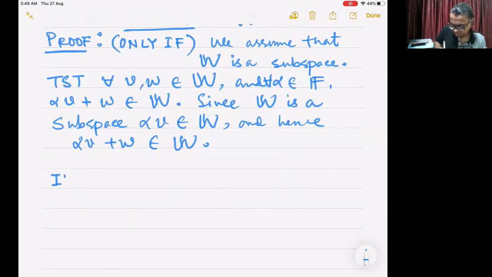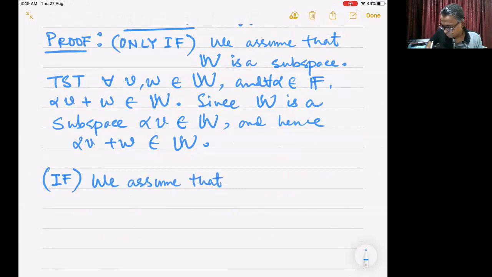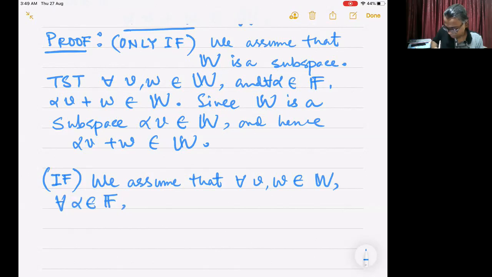The if part is more interesting. For the if part, we have to assume that for all V, W in W, and for all alpha in F, we have alpha V plus W in W. We have to show that W is a subspace.